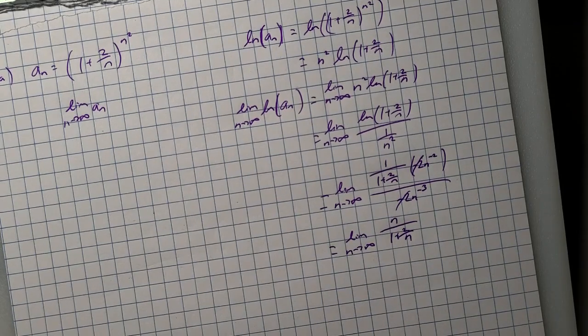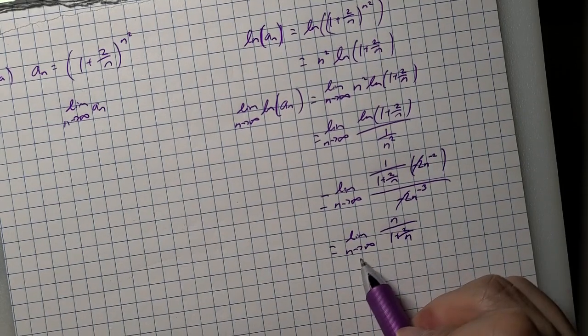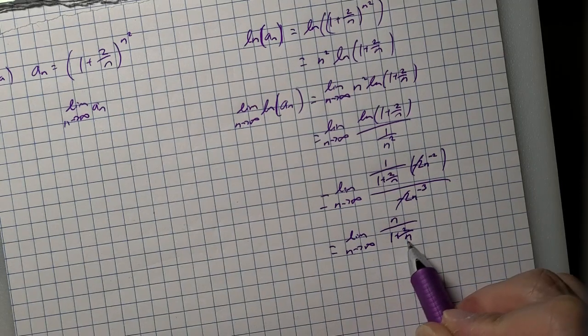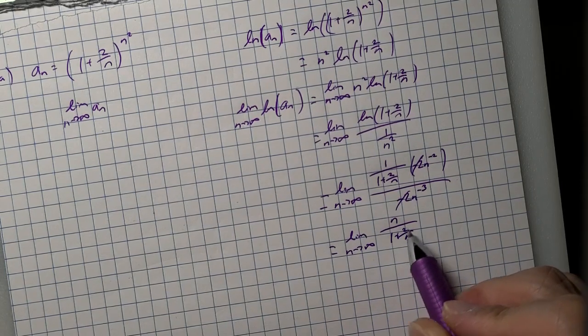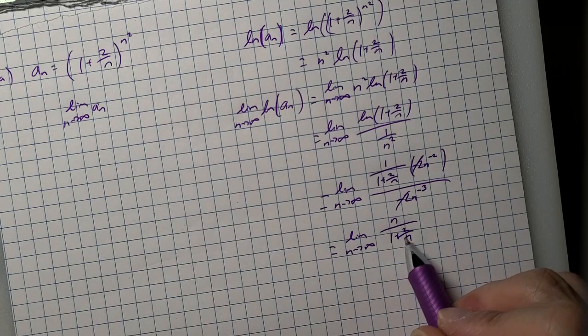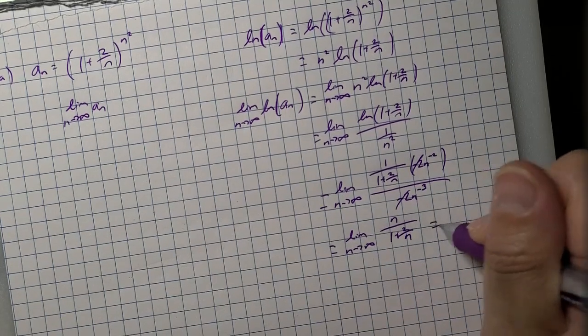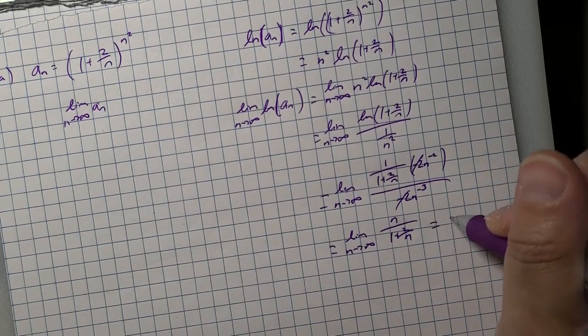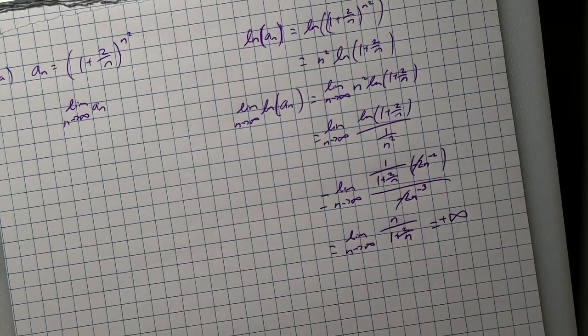So what happens here? As n goes to infinity, this guy would go to 0, but this guy would go to infinity. So it'll be infinity over 1 plus 0. So this would be infinity, positive infinity. Okay? So we solved this.